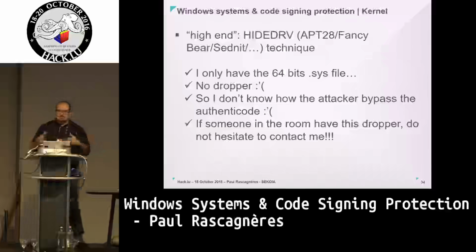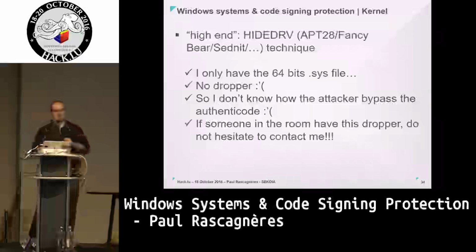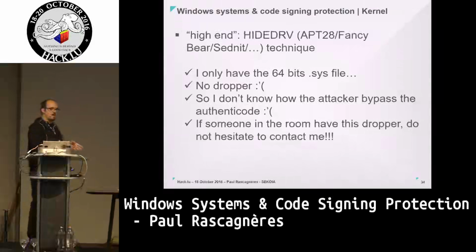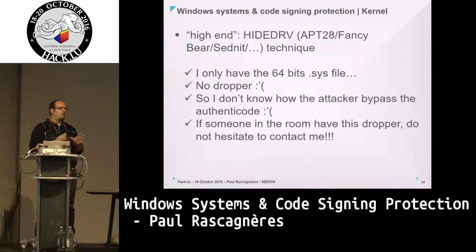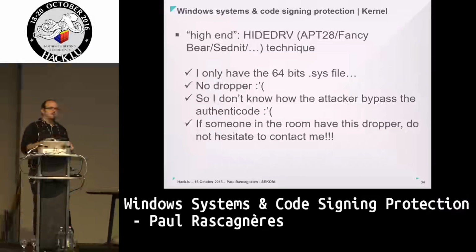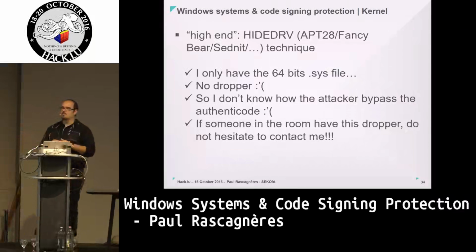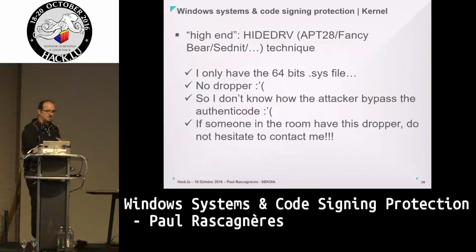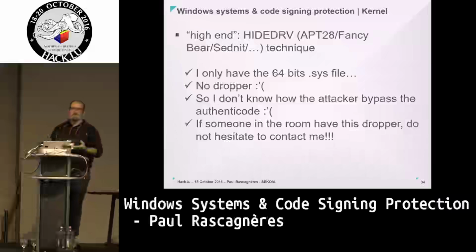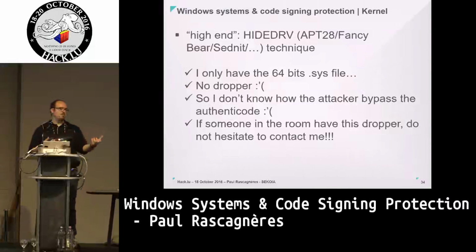Another request for the room, maybe someone can help me. I got a rootkit developed by the people behind APT28, Fancy Bear, Sednit, whatever the name, called IDRV. No paper is available about this rootkit, but maybe one of you already worked on it. It's a 64-bit driver, but I don't have the dropper. I only have the .sys file, and I don't have the executable that maybe loads the legitimate driver.